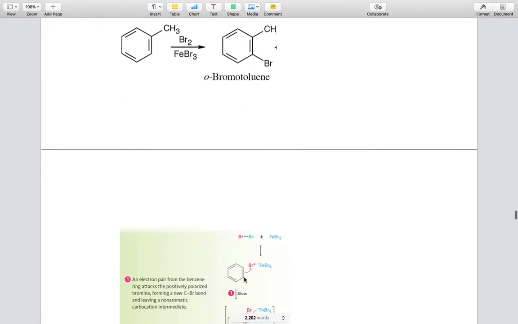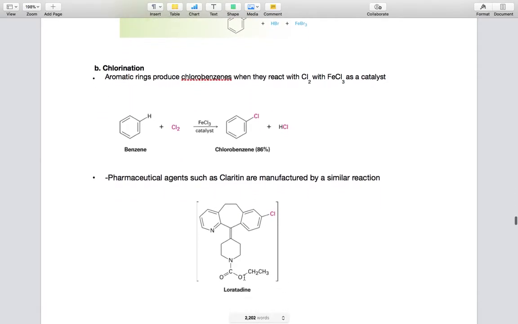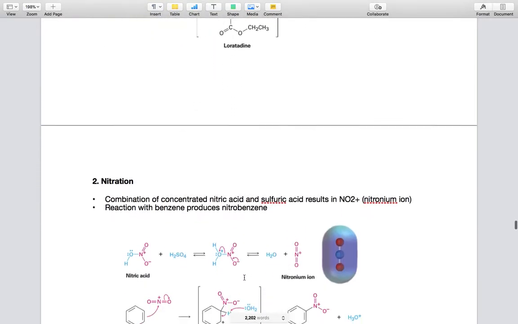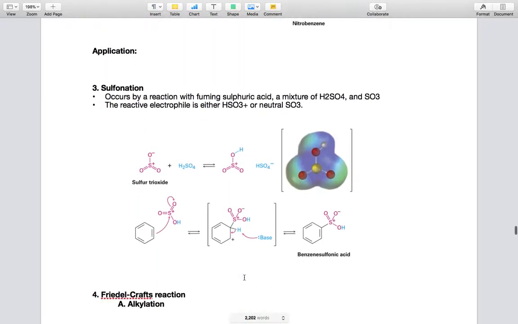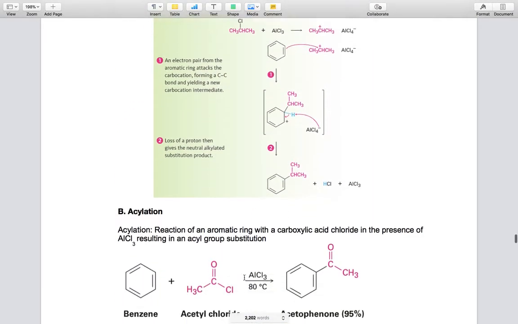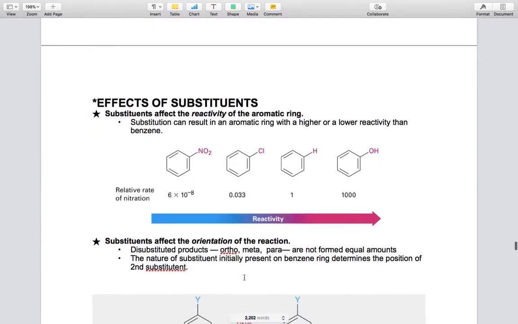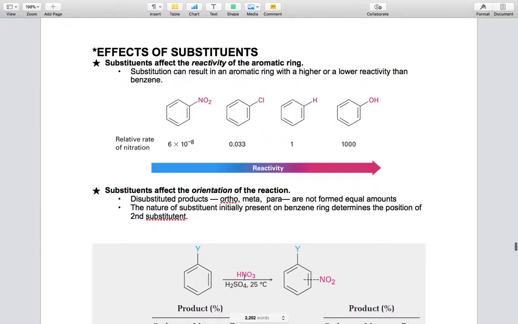Browse your notes. I have already sent you this document. While I am discussing, please check it and make some notes as well.